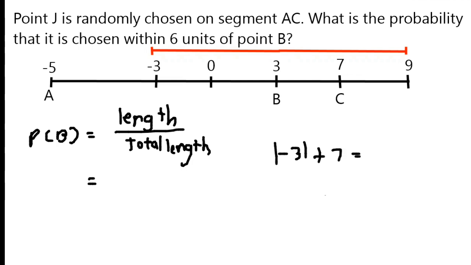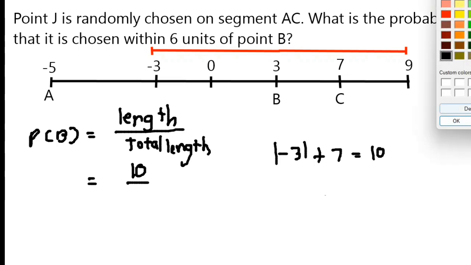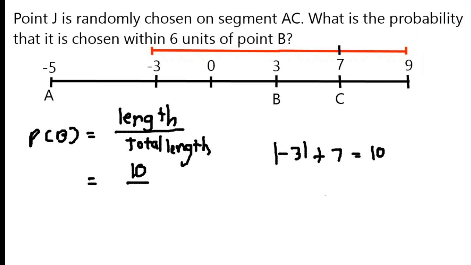We're going to make the negative positive because length is a scalar quantity. And for the total length, we're just going to include the line segment A to C, and we're not going to include the number that is greater than 7.